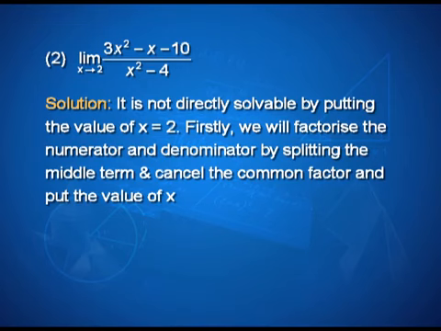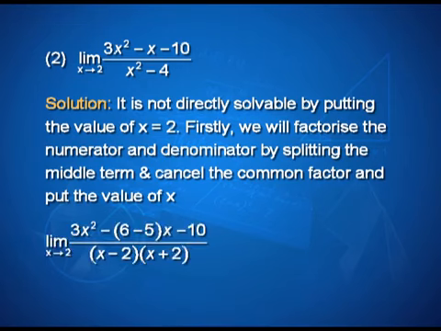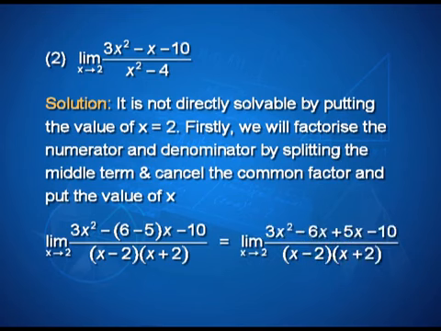Look here, limit of (3x square minus 6x minus 5x minus 10) upon (x minus 2) into (x plus 2) as x tends to 2 can be simplified as limit of (3x square minus 6x plus 5x minus 10) upon (x minus 2) into (x plus 2).